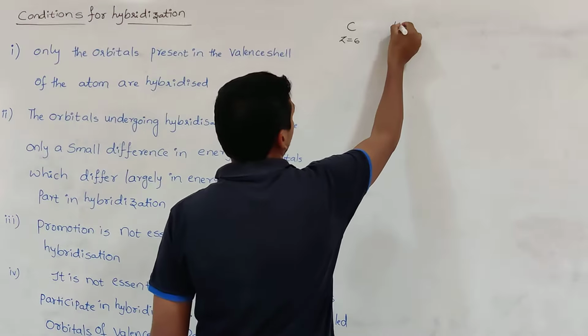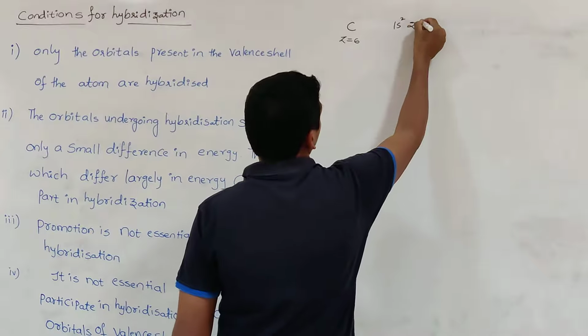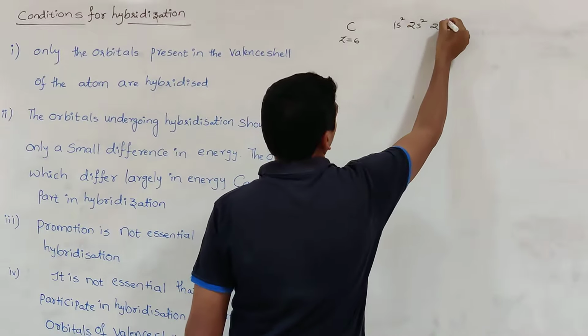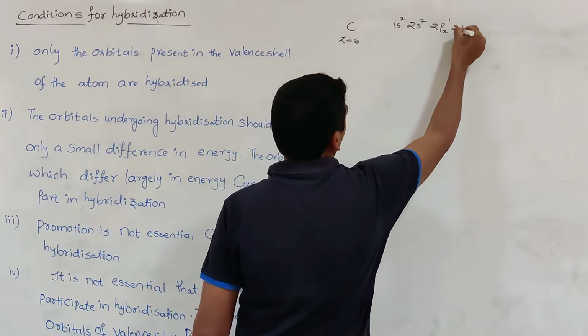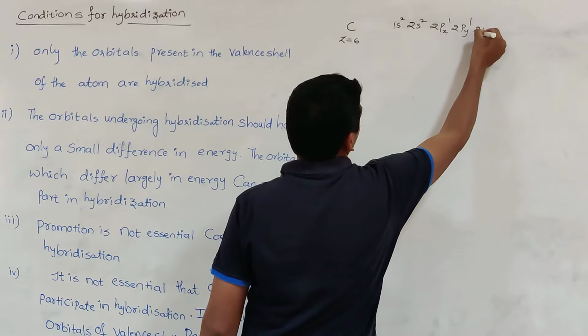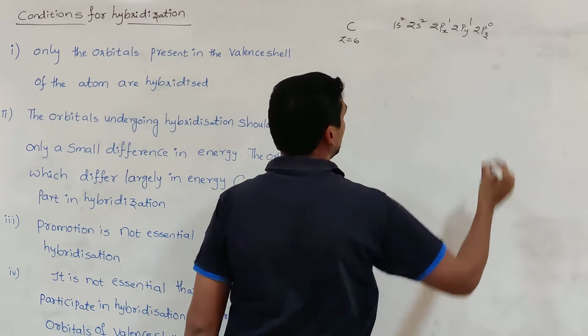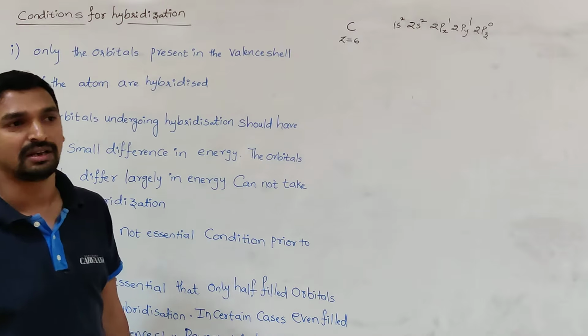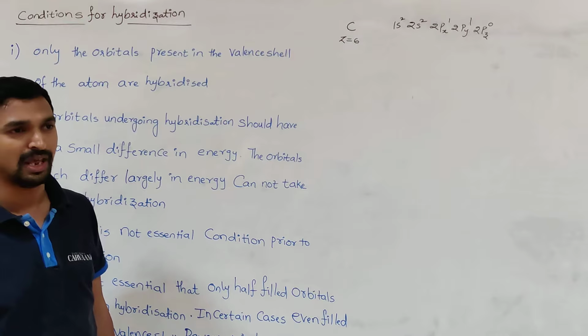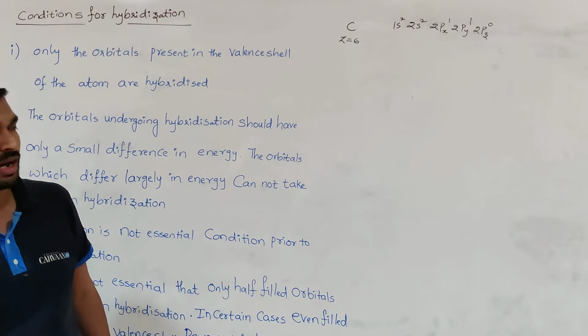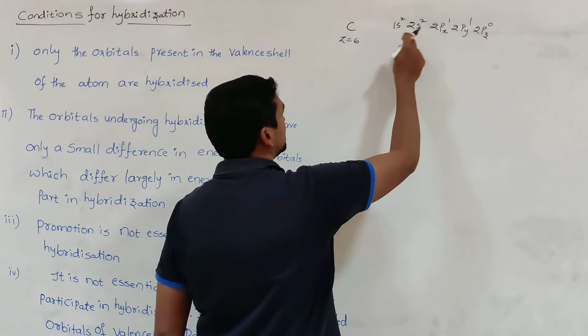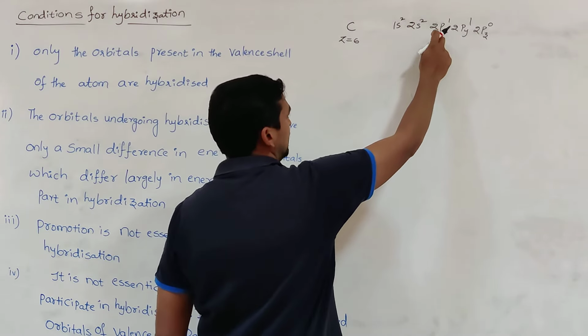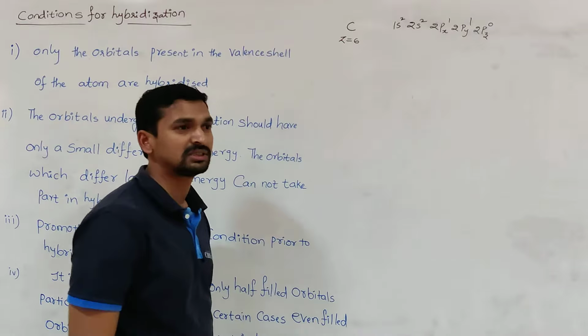The configuration is 1s2, 2s2, 2px1, 2py1, 2pz0. You know very well that with the help of the ground state electronic configuration, it is not possible to explain the bond capacity of carbon. Because if you try to explain with the ground state, it clearly says the carbon bond capacity is 2.